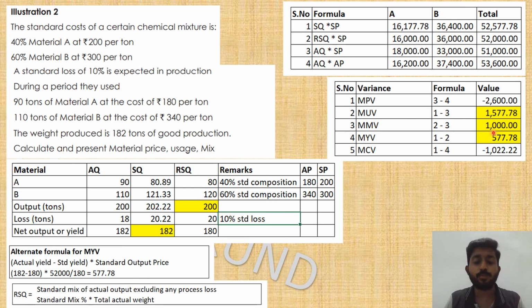So whichever formula is easy for you, you can use it. Material yield variance can be calculated by standard quantity minus revised standard quantity multiplied by the standard price also. Or you can use actual yield minus standard yield multiplied by standard output price.